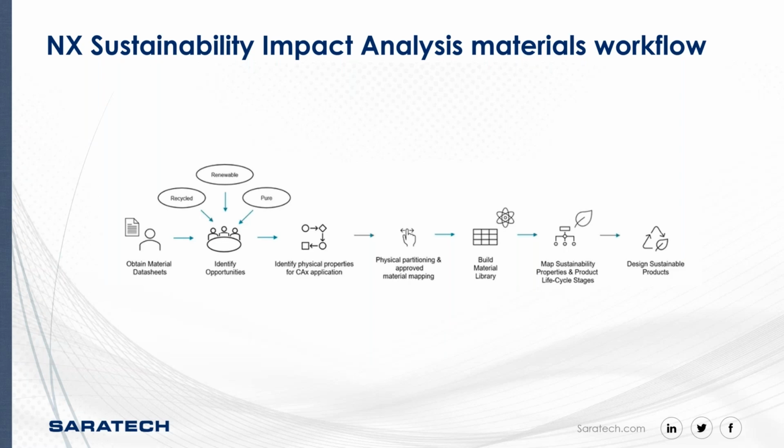Once you identify those physical properties, you create that physical material library within the tool and add on to what is already provided from the physical material library and environmental material library, and then partition and approve material mappings for those calculations with your sustainability or materials engineer. Once that library is built, you're able to map those sustainability properties and products through the life cycle stages to have more concrete, quantifiable metrics for your sustainable product design.